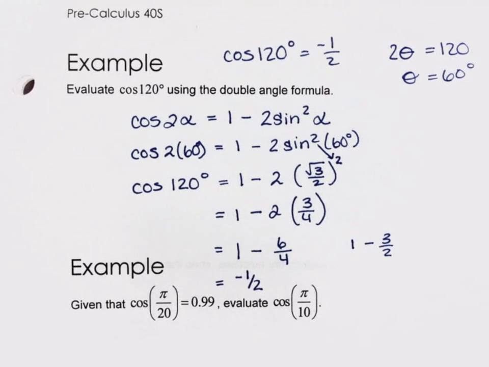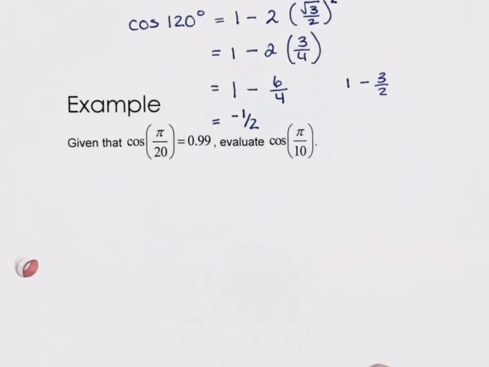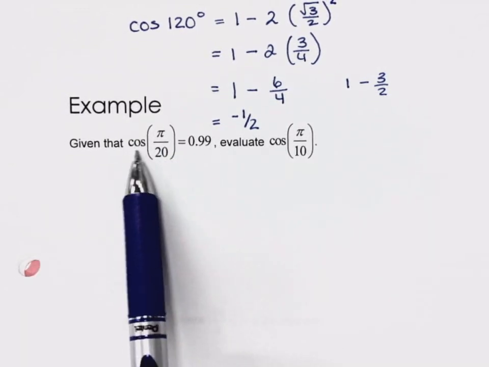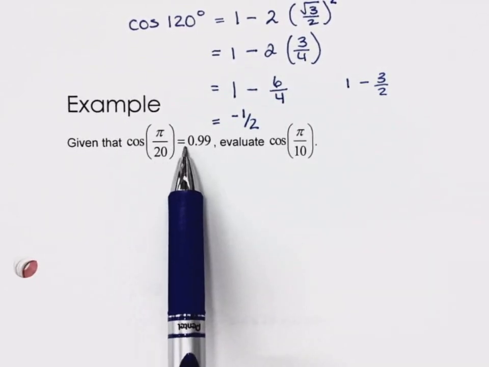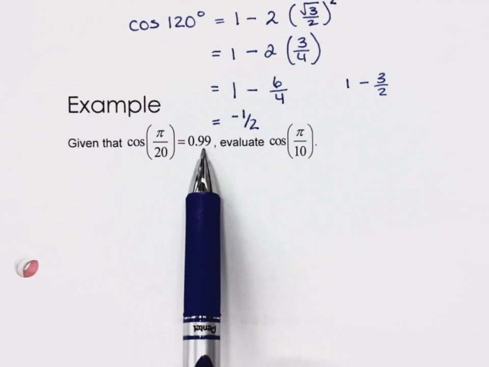Okay, here we go. This is a question that you will get on your test for sure, or a variation of this one, not exactly, but a variation of this one. So this is a double angle identity. It says that cos of pi over 20 has a value of 0.99.